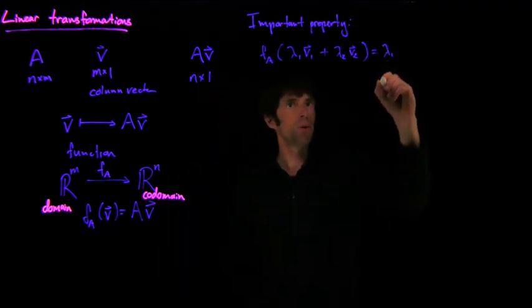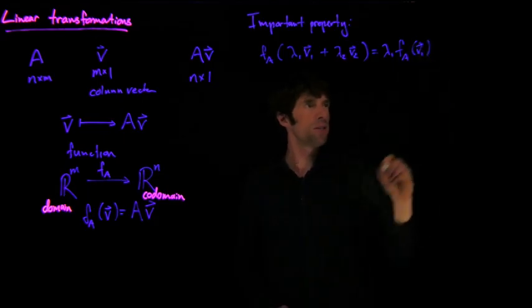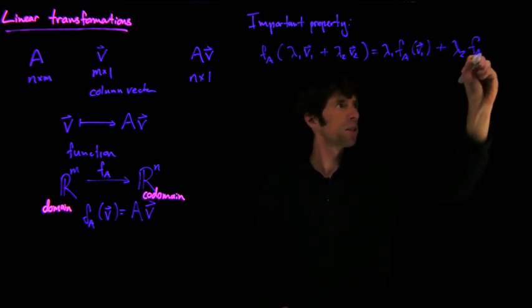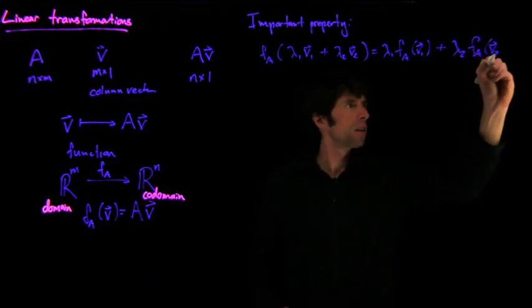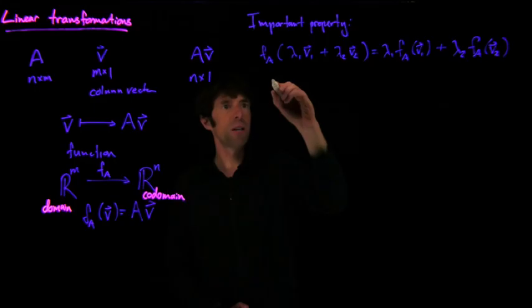I get lambda 1 times f sub A of the first vector plus the second coefficient, lambda 2, times the function evaluated on the second vector. So f sub A preserves linear combinations.